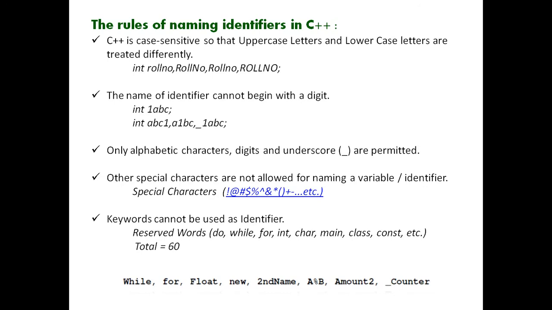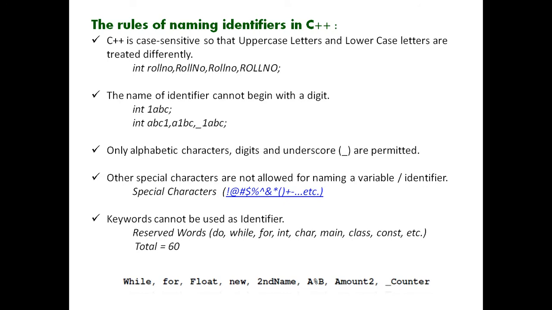New is a keyword used for dynamically allocating memory to a variable. All letters are small, so it is really a keyword. It cannot be used while naming an identifier, so it is invalid. Second, starting with a digit. 2 is a digit. We can never start a variable name with a digit, so it is invalid.